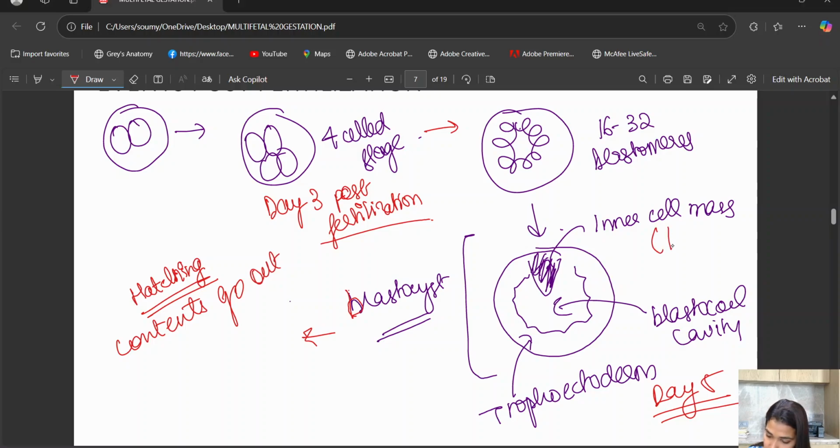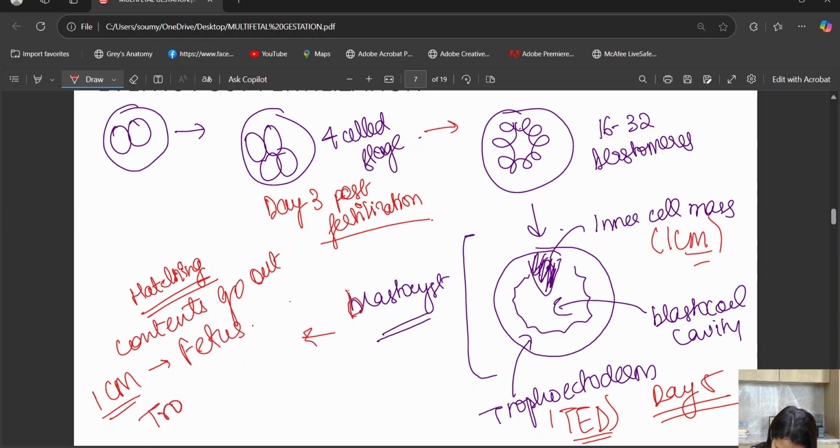There is obviously an inner cell mass and a trophoectoderm. Let's call this TED and ICM. The inner cell mass, which we are referring to as the ICM, forms the fetus, and the trophoectoderm forms the placenta.